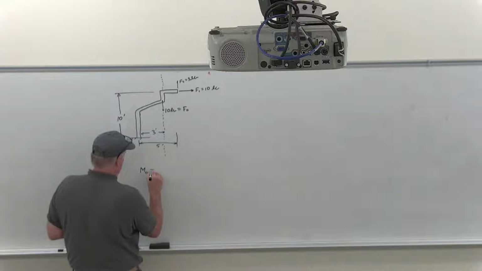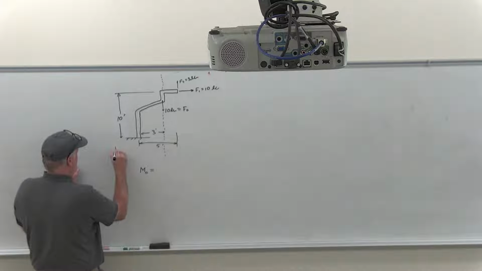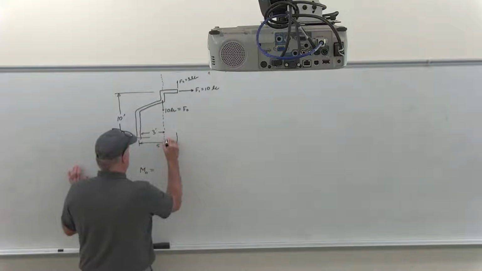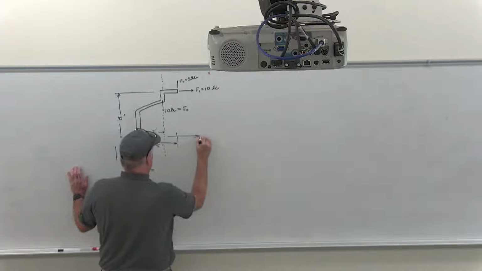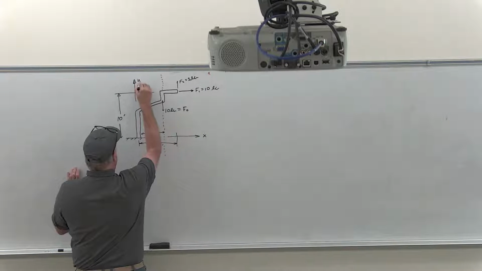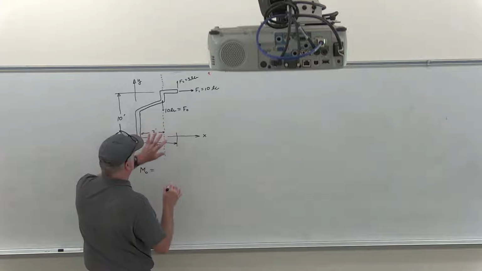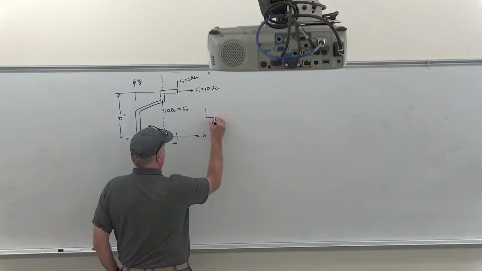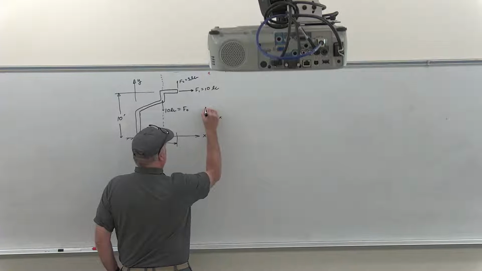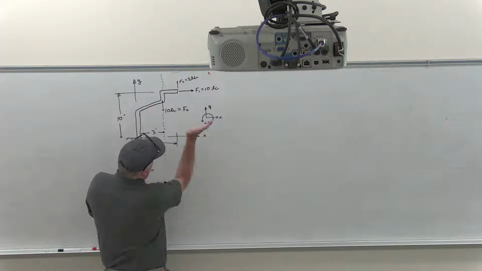Now, first thing I'm going to do is put a coordinate system here. The coordinate system looks like this: an X and a Y, but it also has a positive moment here, meaning it's right-handed.